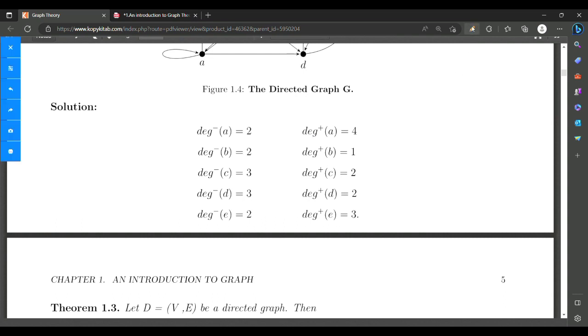Now let us see this theorem. 2 plus 2, 4, 4 plus 3, 7, 7 plus 3, 10, 10 plus 2, 12. These are the in-degrees. The sum of in-degrees is 12. Out-degrees: 5, 7, 9, 10, 11, 12. The sum of out-degrees is equal to 12.